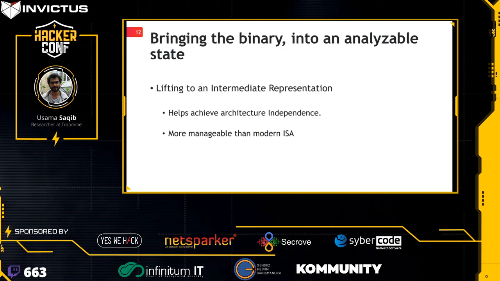Intermediate representations are widely used to reduce the complexity these instruction sets present. It is also widely used to perform decompilation. For example, IDA has its own IR language called microcode. Binary Ninja uses the aptly named Binary Ninja IL, and Ghidra uses something called P-code.